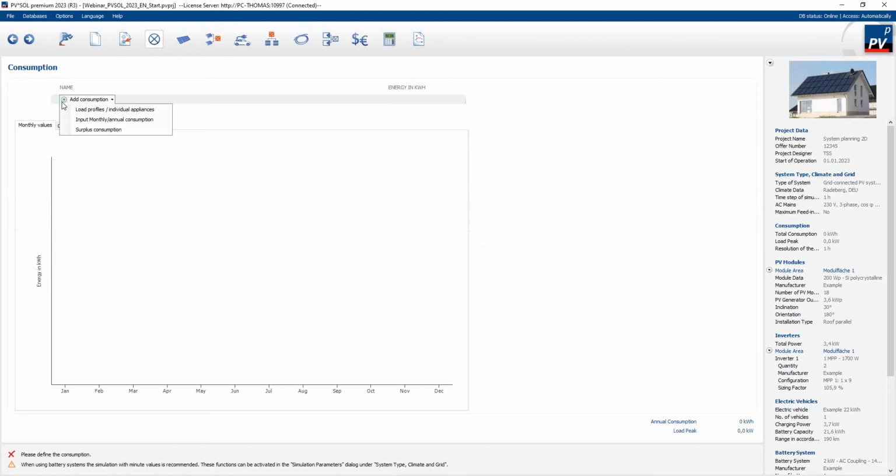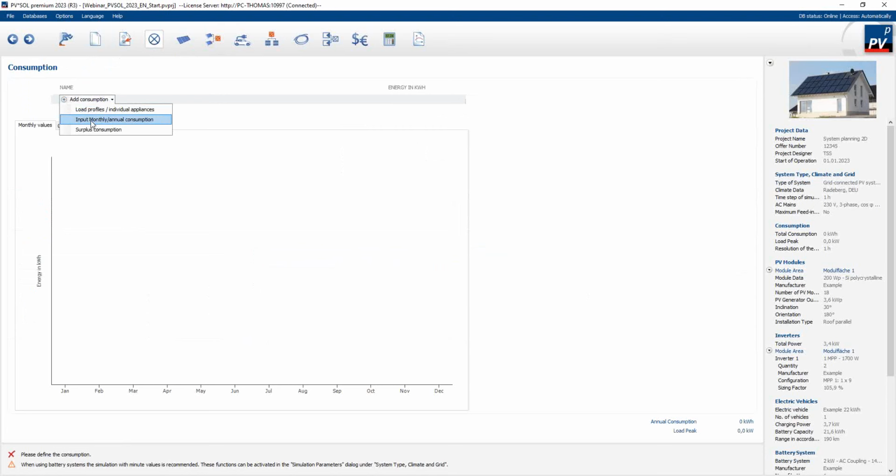Again, different options here. We could use the input monthly and annual consumption, for example. This is useful if you have a net metering system in your country, for example, in the Netherlands or in Poland.